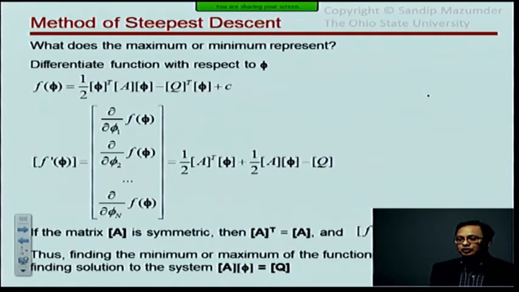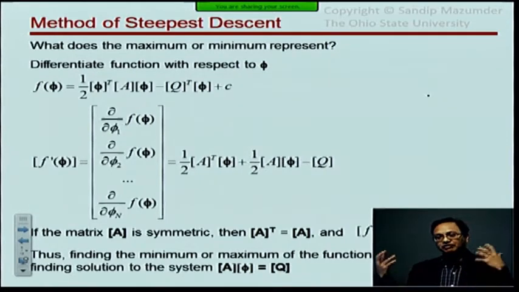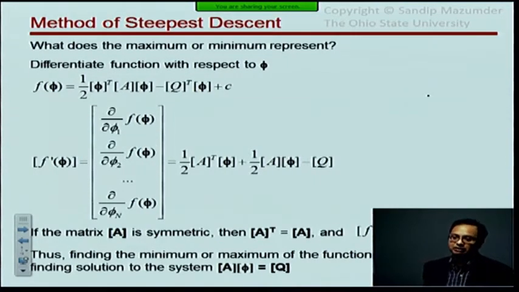Instead of thinking of it as the solution of a system of linear algebraic equations, why don't we pose it as an optimization problem where we are trying to find the minima of that function f, and that is equivalent to solving A phi equal to Q. The reason we do that is it helps us understand this whole process of solution much better, and I'll show you some geometric examples down the road. Any questions so far?